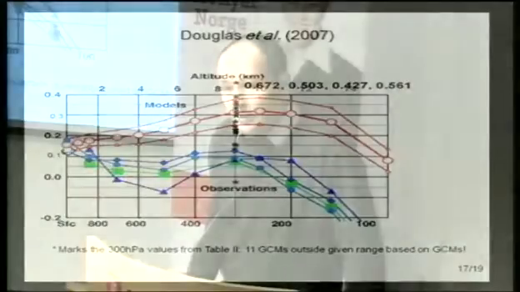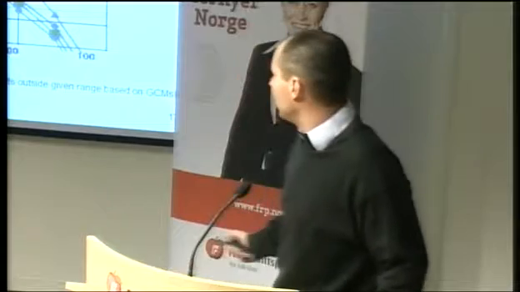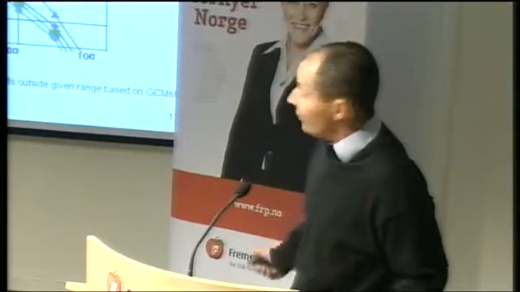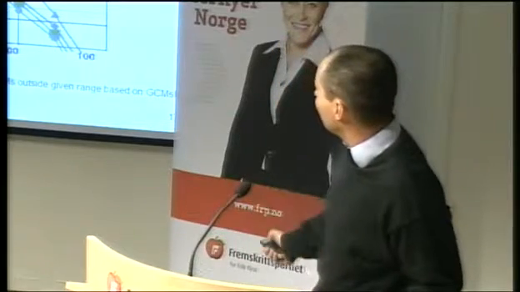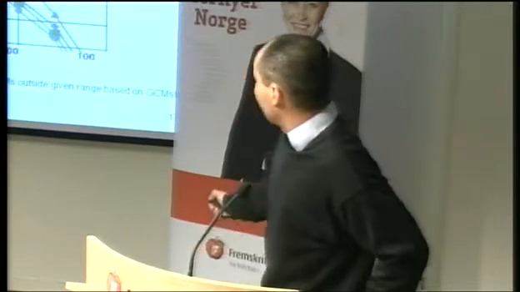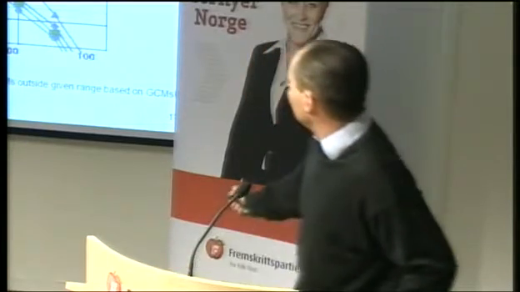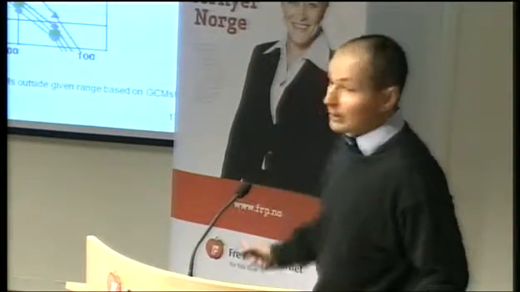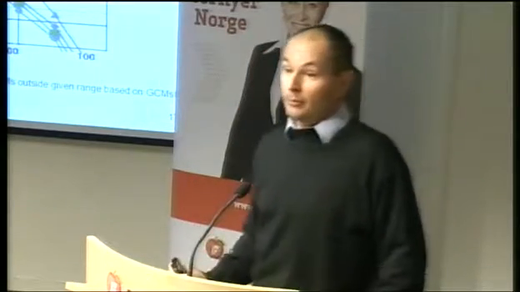But I took the actual model values here, the warming rates, at one height, 300 hectopascal, and plotted them on top here. And you see that the differences between the individual models are much larger than this range here. So basically, 11 of these models fall outside the range which is estimated for the same group of models.